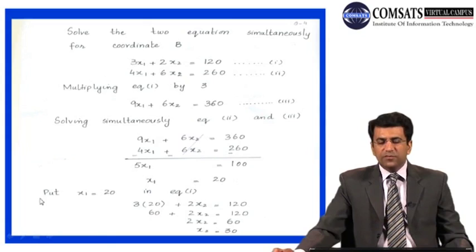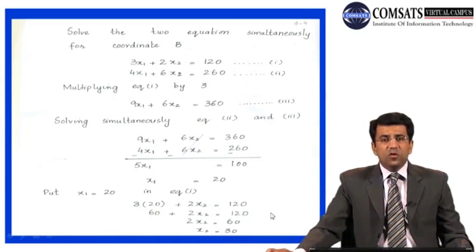In this particular case, if you put x1 is equal to 20 in equation number 1, we get 3 multiplied by 20, that is the value of x1, plus 2x2 is equal to 120. So 60 plus 2x2 is equal to 120, 2x2 is equal to 60, x2 is equal to 30.